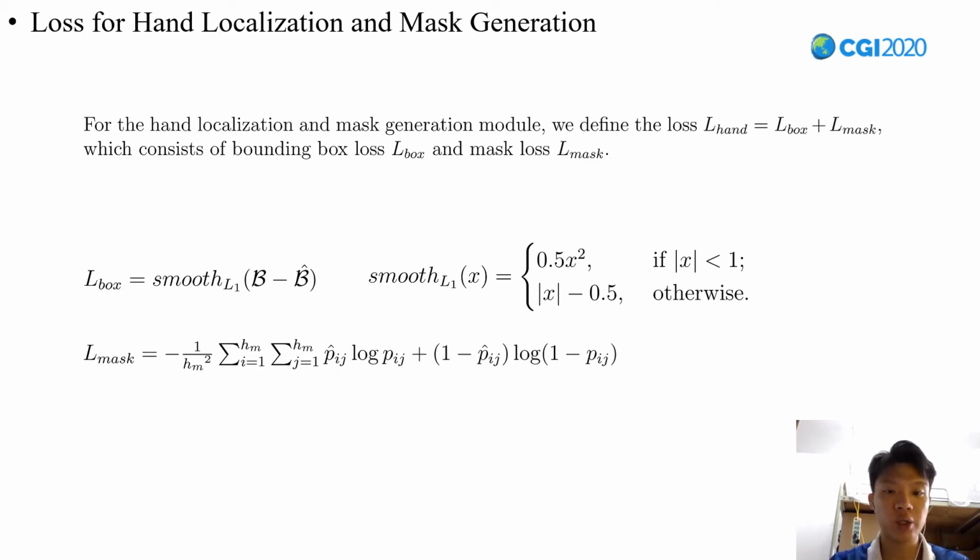For the hand localization and mask generation module, we define the loss of hand as equal to the bounding box loss plus mask loss. The bounding box loss equals the smooth L1 loss between the predicted bounding box and the ground truth. We define the hand mask loss L mask as the average binary cross entropy of all pixels. Thus, it's a pixel level classification problem.